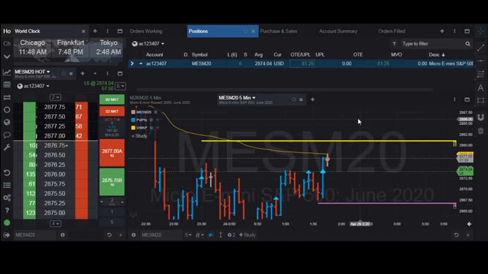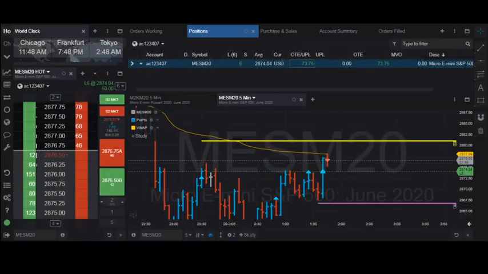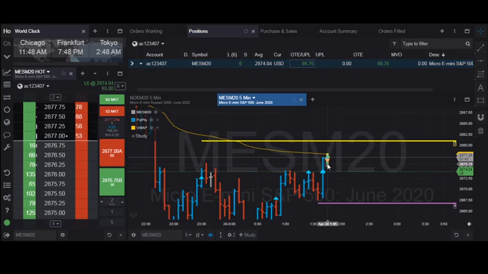I should exit just right before this. The target from our Telegram channel is 28.79. So price now is 28.76. The highest is, let's take a look, 28.78.